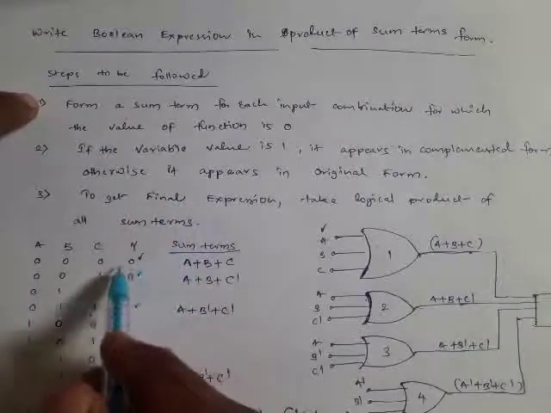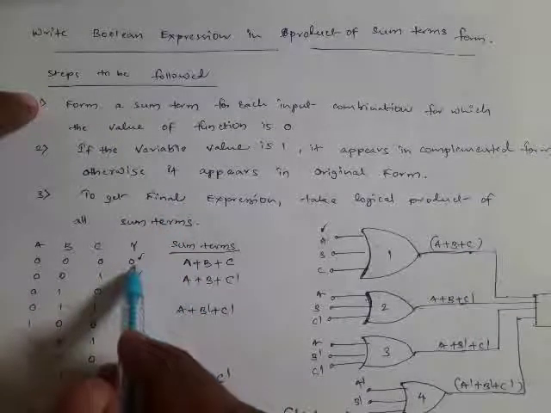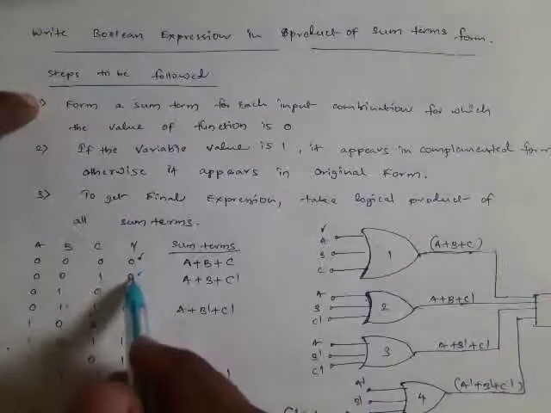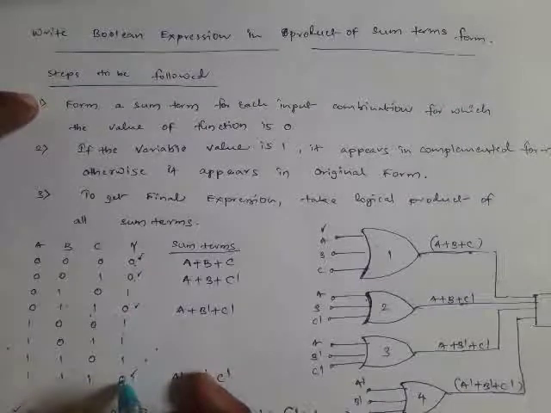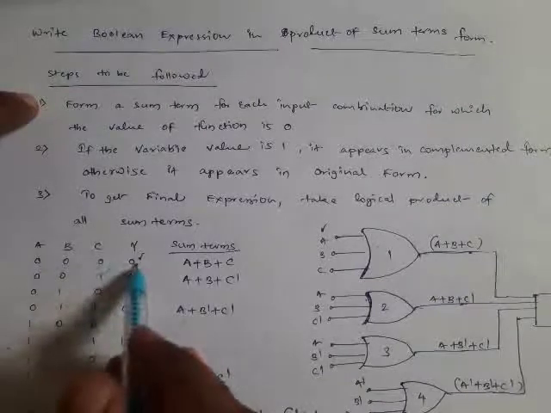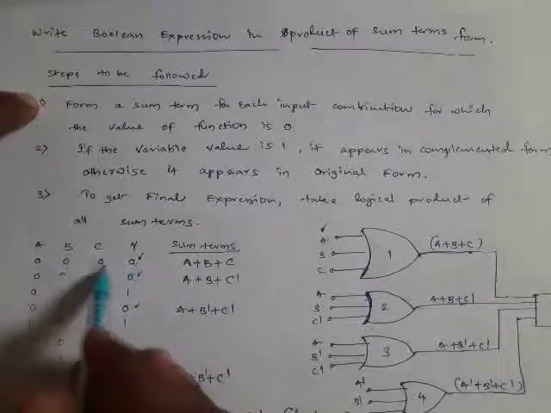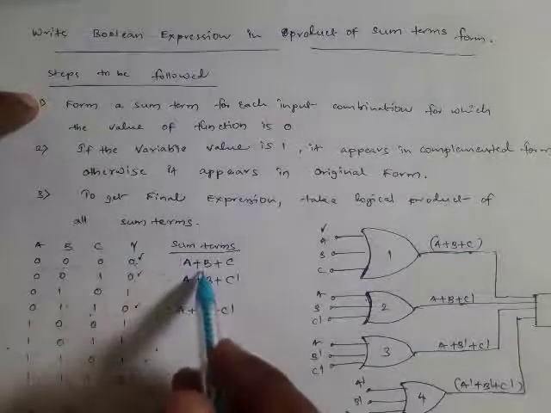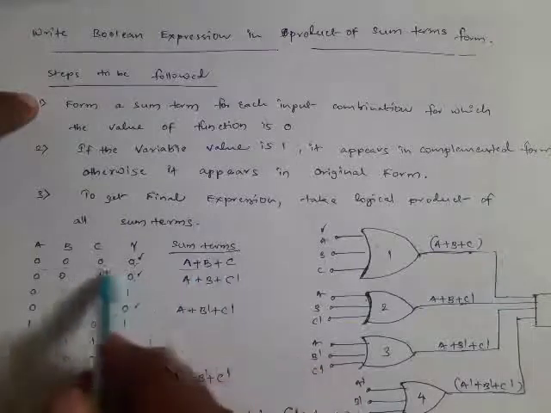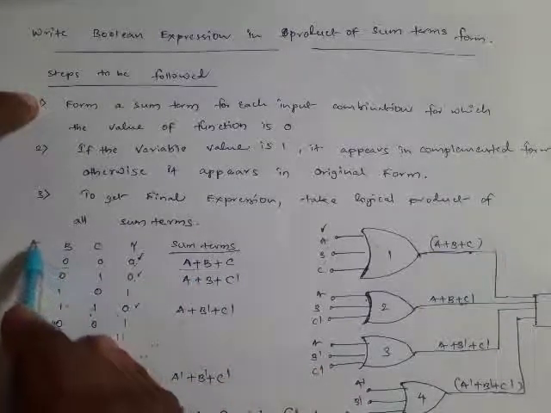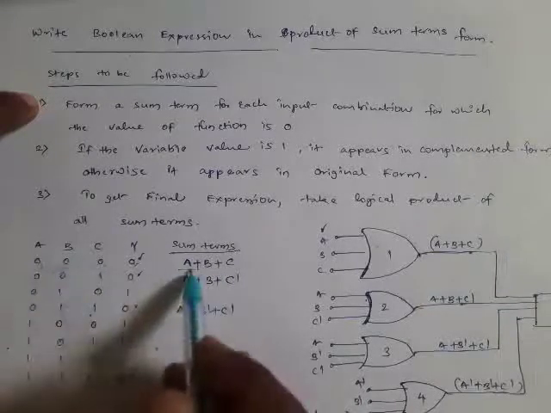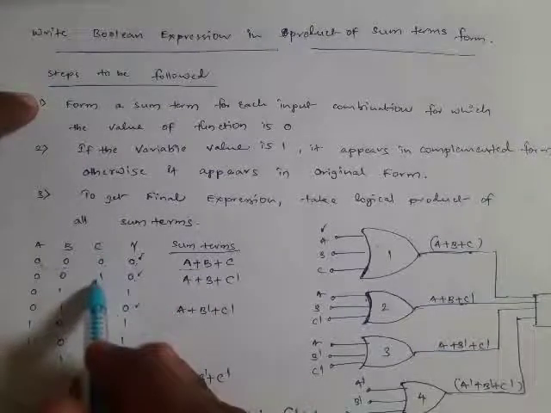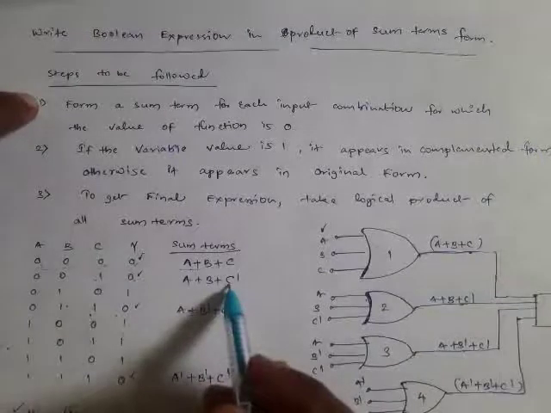You identify the input combinations for which the function is equal to 0. So here in the example we have 4 combinations, 1, 2, 3, 4, for which the function is equal to 0. And for each such combination of inputs, you write the sum term. While writing the sum term, the variable is taken in its original form when its value is equal to 0, and the variable must be taken in its complemented form when its value is equal to 1.